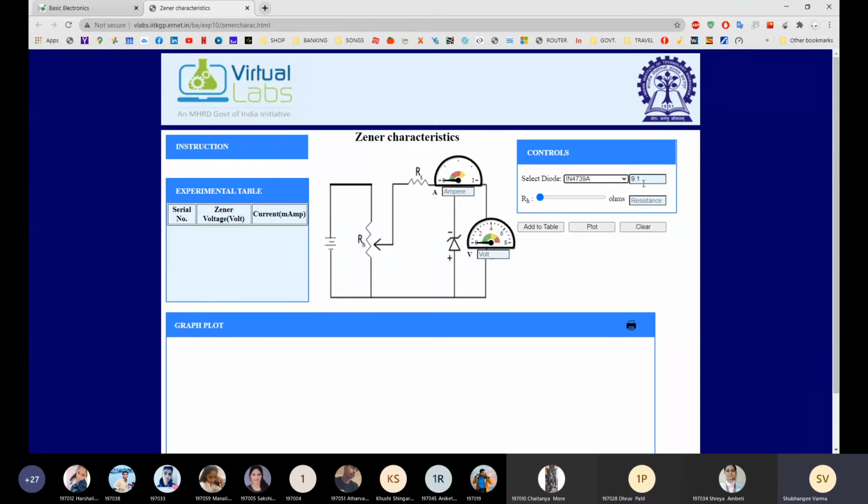So you don't have to remember. You can just ask for the Zener voltage. The shopkeeper will directly give you the Zener diode. So you have to just tell them the Zener voltage. If you choose this one, then 7.5 volt. These voltages are fixed. So we will see 5.6.